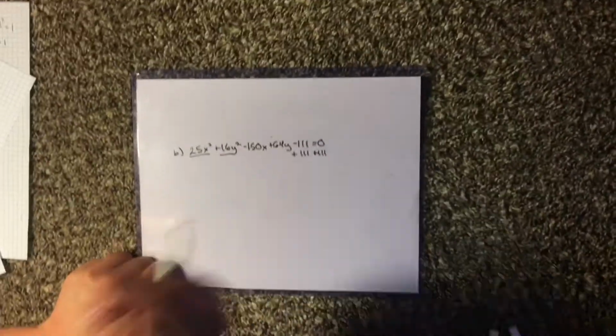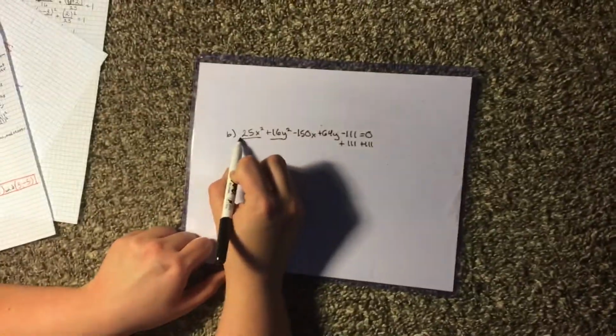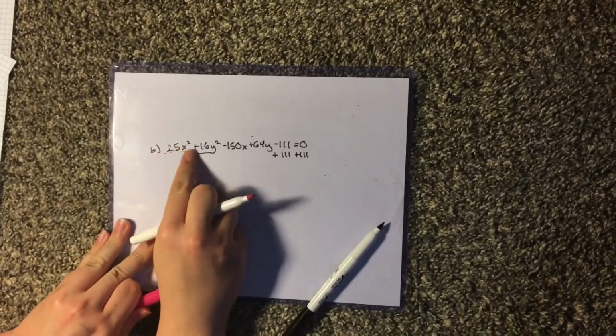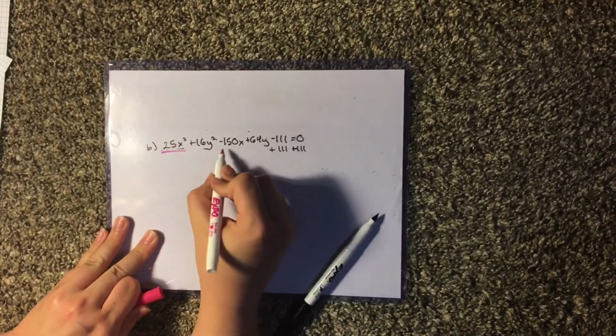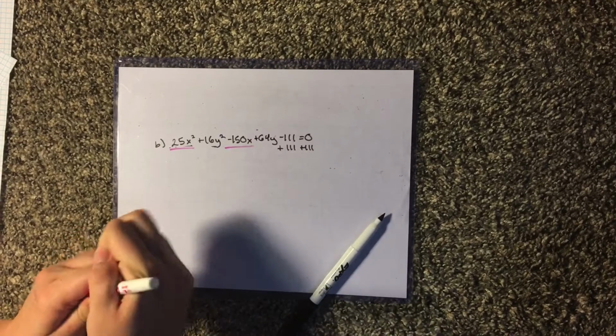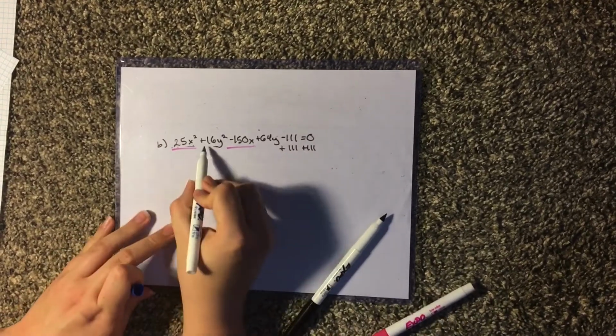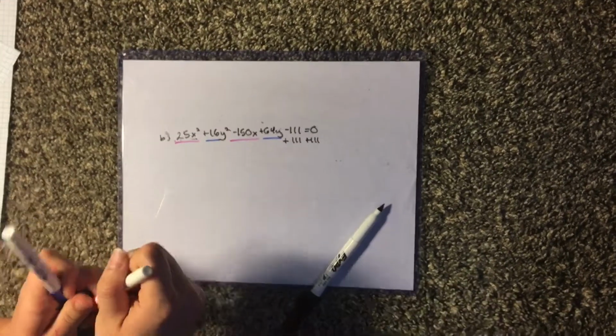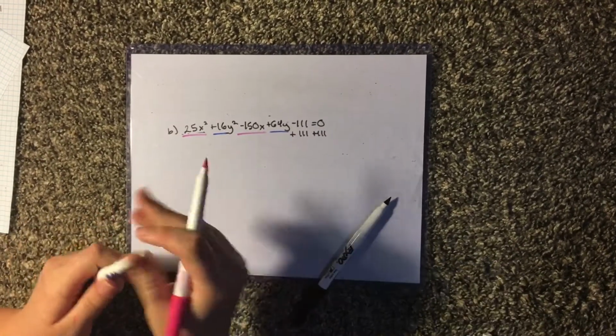But I'm also going to put like terms together, so I'm going to get another pen color, put these two together, and then these two together, because they are like terms.